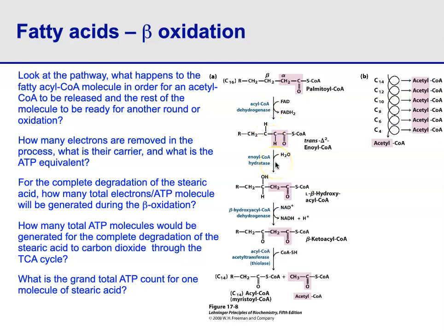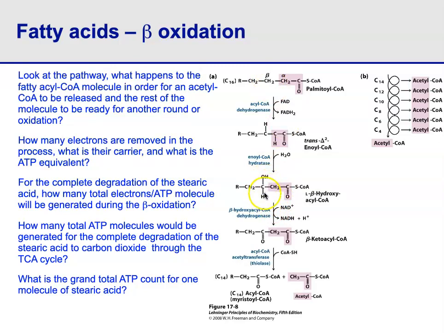The next step, what do we do? We add water. We basically added oxygen to the beta carbon, hence beta oxidation. Now the oxidative state of the alpha carbon was restored just like at the beginning, but the oxidative state of the beta carbon is now decreased by 2 electrons if you compare it to the beta carbon in the beginning. We just added oxygen to it.